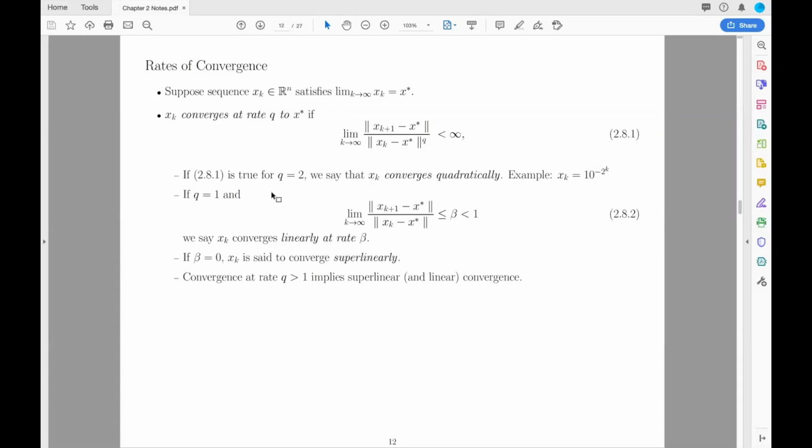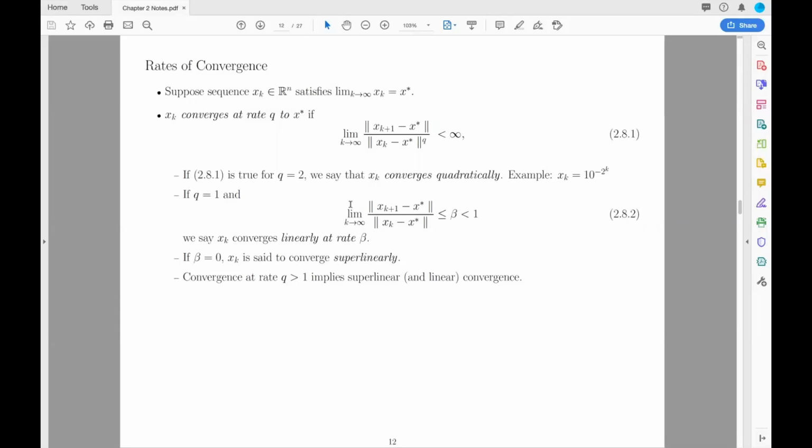Now, more likely, in economics problems, we have what we call linear convergence. That means you set q equal to 1, and you're just looking at the simple ratio of the current iterate's error to the last iterate's error. By the way, that ratio, asymptotically, had better be less than 1. If it's anything else, then you don't have convergence.